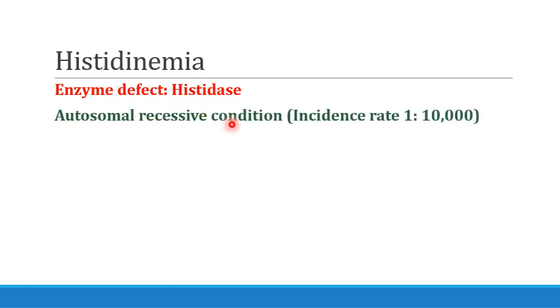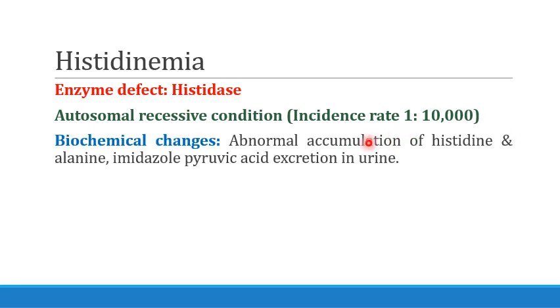Another inborn error of amino acid metabolism is histidinemia. It is due to a defect in the enzyme histidase, an autosomal recessive condition with an incidence rate of 1 per 10,000 live births. Biochemical changes show abnormal accumulation of histidine and alanine and its metabolite, imidazole pyruvic acid, and its excretion in urine.